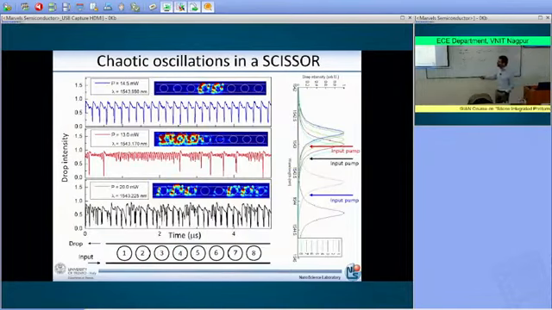This is the transmission of the light as a function of time in this scissor case here. And what you see here is that if you use a given wavelength and a given power at the input, you may end up in a situation where you are coupling together only two of these microring resonators, and therefore the transmission is a very well periodic signal.